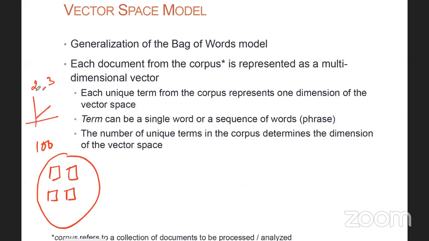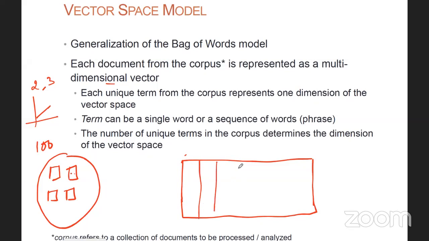This is a direction, and there is a magnitude, which I can find out. Now each document I can represent as a multi-dimensional vector. One dimension means one column, which is what we understood from PCA. Multi-dimension means multiple columns, like this.